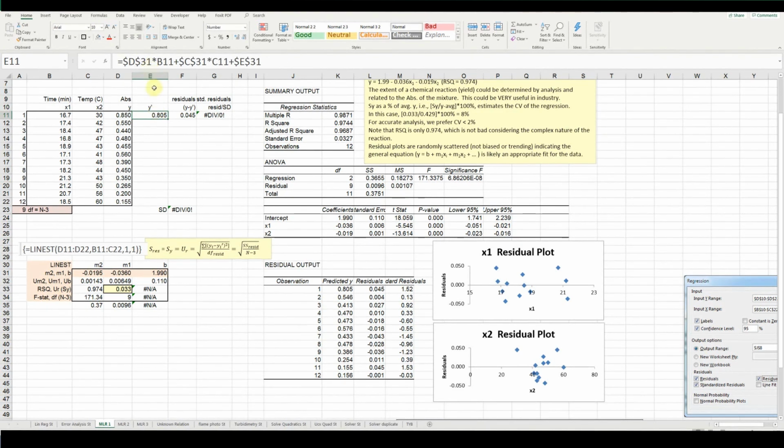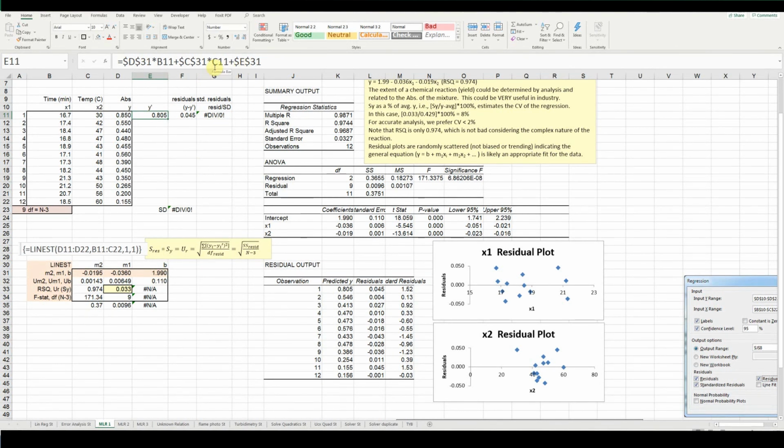So here I've typed in this equation: equals m1, D31, right here, and that's an absolute reference, times x1, which here is in B11, plus m2, coefficient of temperature, absolute reference, times x2, using the first set of data, plus the intercept, absolute reference to E31.